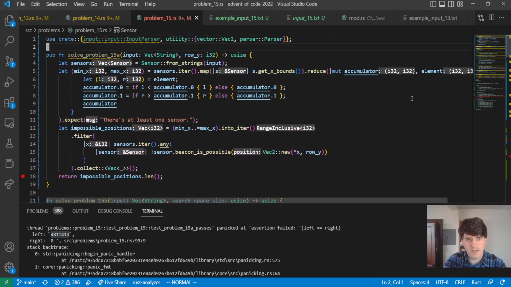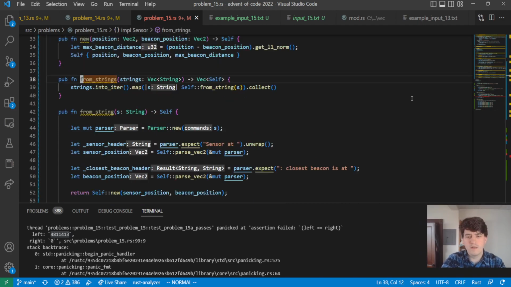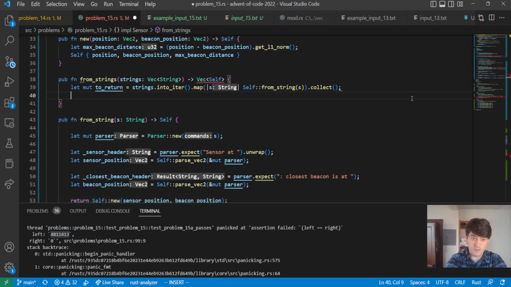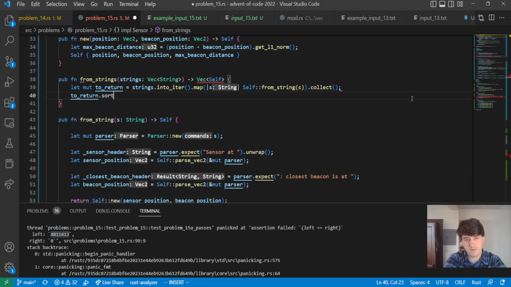So let's jump into from strings, and we want to sort this. Let mut to return be this, and then we want to sort on a particular thing.